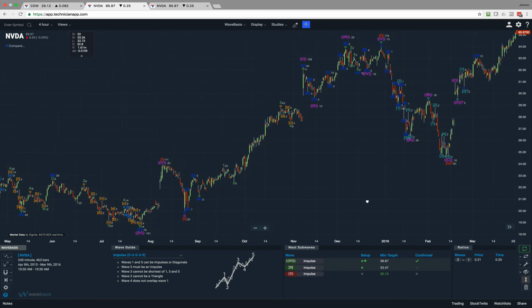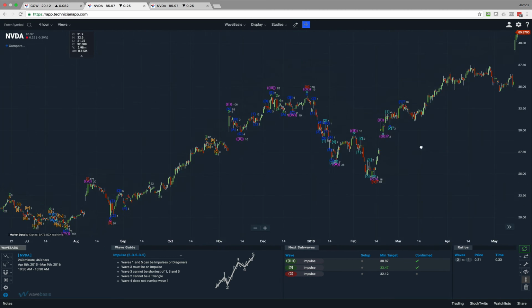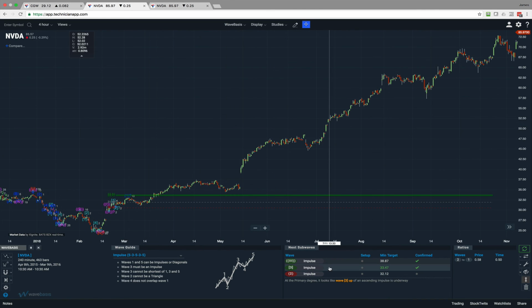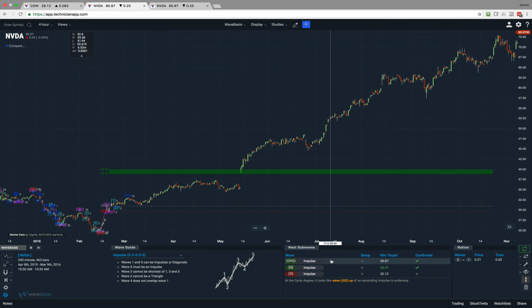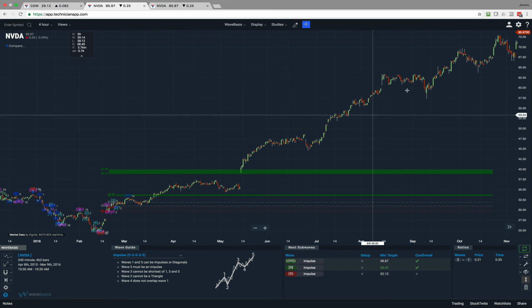If we had entered the trade there and set a stop somewhere below our invalidation level, then we would have moved up to hit both of our targets. Now you'll notice here that price blows right through these two targets and keeps going.